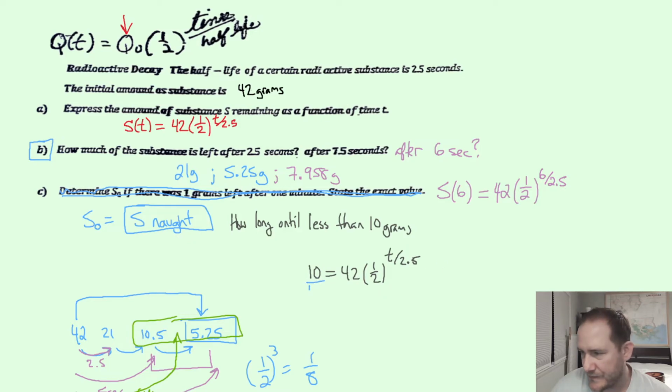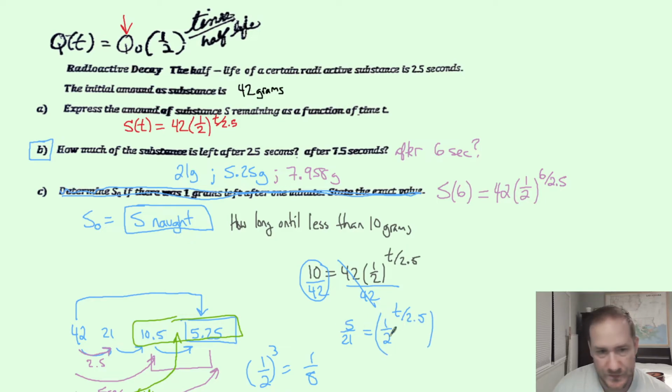So you'll divide on both sides by 42. Those will cancel. You'll get a fraction that you can reduce, so reduce it. It'll be 5 over 21, and that's going to equal 1/2 to the t over 2.5. You're now at a point where you've got a basic exponential, so convert it to a logarithm.